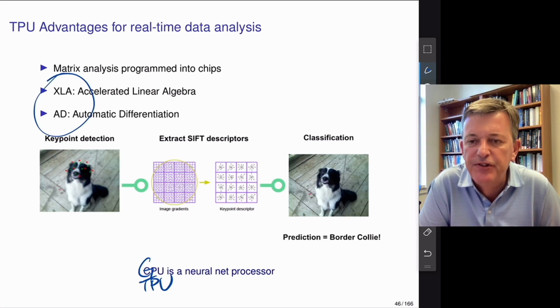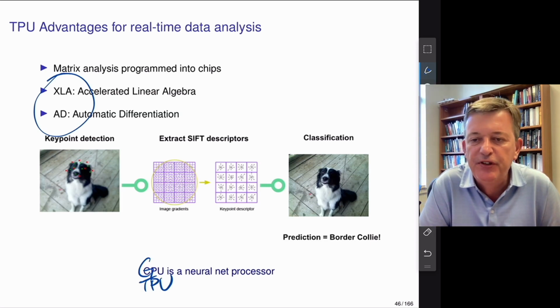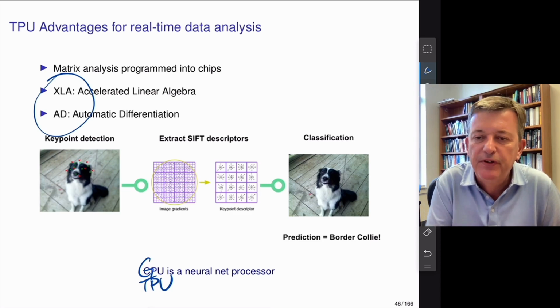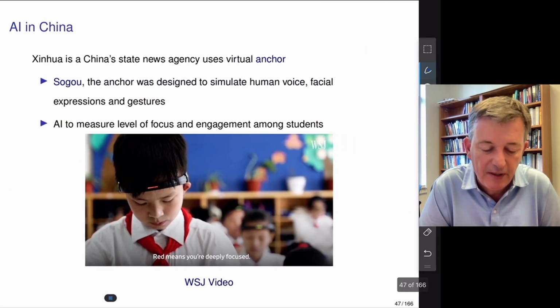And again, a lot of this is just matrix manipulation. Remember, think of an image as a 256 by 256 grid, so already 65,536 parameters times number of grayscale. So you've got a very high dimensional input, and I somehow want to extract the information from that. So lots of interest in accelerated linear algebra and automatic differentiation to implement these things.